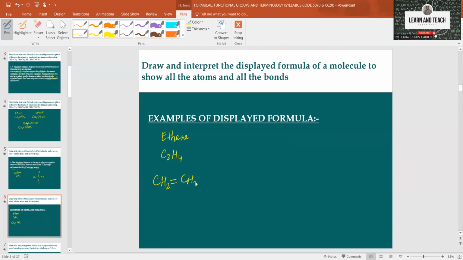Now I'm going to draw the displayed formula of ethene. So I will draw like this: C double bond C, 1, 2, 3, 4. There are 4 hydrogen atoms bonded to 2 carbon atoms. Each carbon is bonded to 2 hydrogen atoms in this. So there are other examples also. We will see.